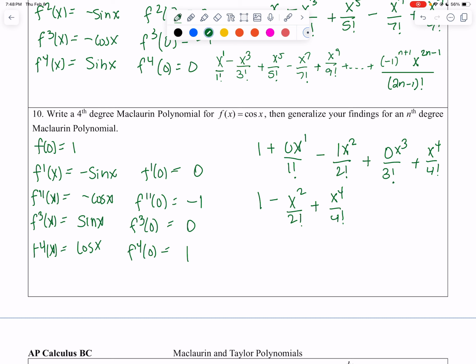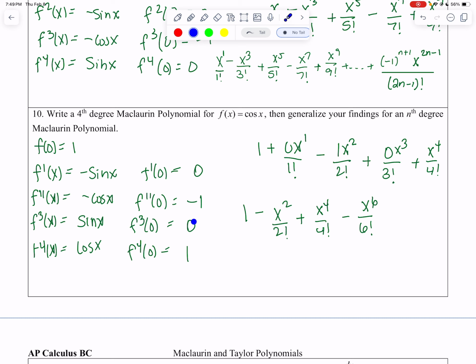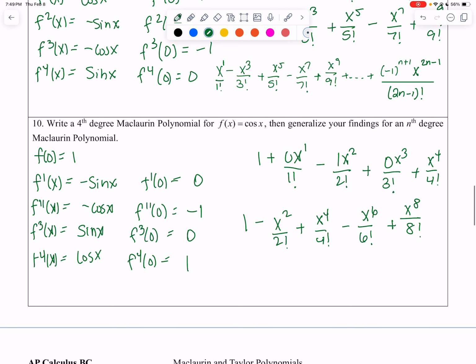Now, obviously, that's not a lot. If I were to think about the fifth derivative and me going back, that fifth derivative is going to land at 0. My sixth derivative is going to be negative. My seventh derivative is going to be 0. And then my eighth derivative is going to be positive. So once again, I'm going to have the alternating signs just like number 9, except this time I'm dealing with the even degrees.